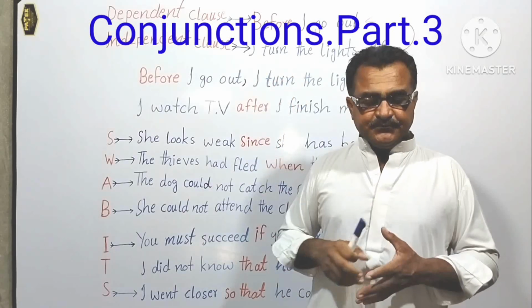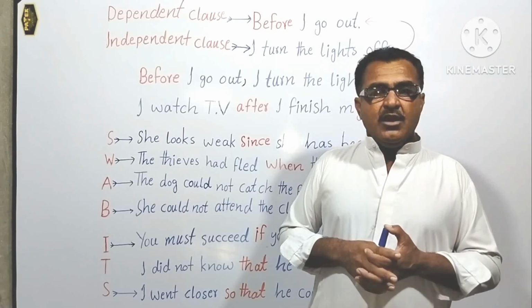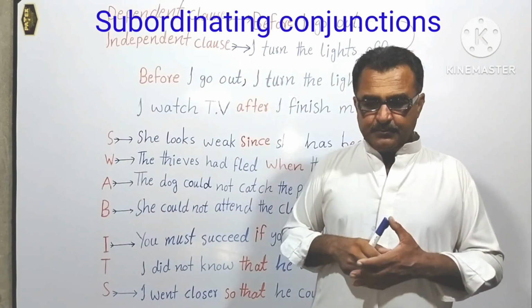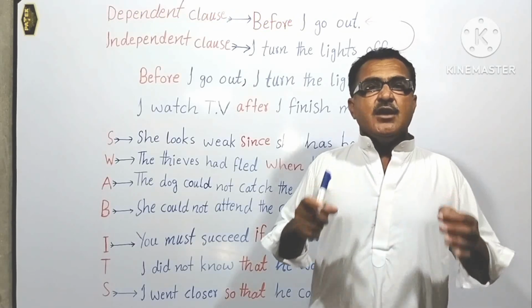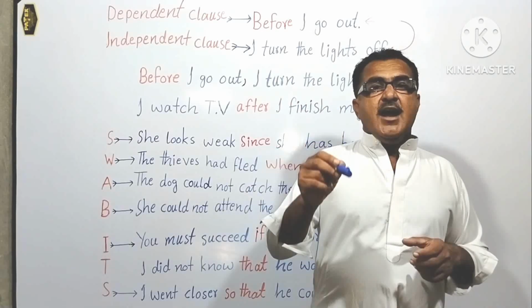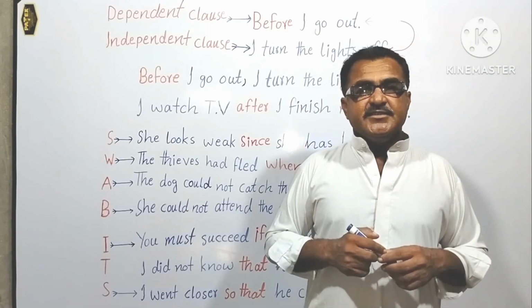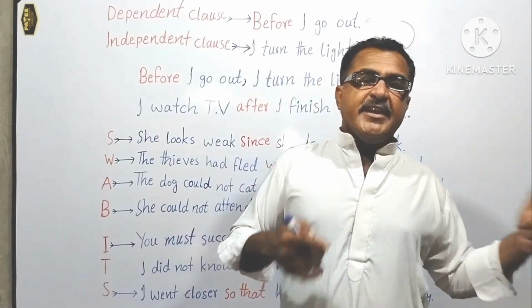Conjunctions part 3. So in this video, we will know about subordinating conjunctions. Now, let's know what a subordinating conjunction is. A subordinating conjunction is a conjunction that connects an independent clause and a dependent clause.